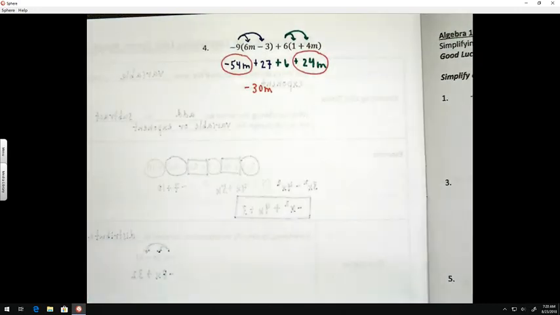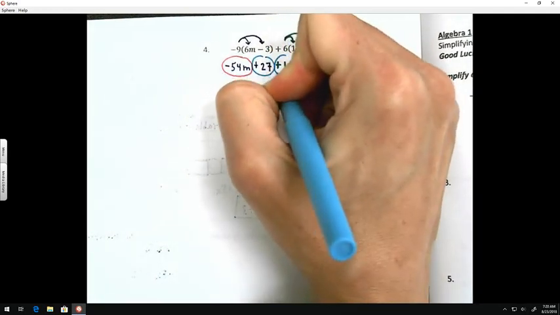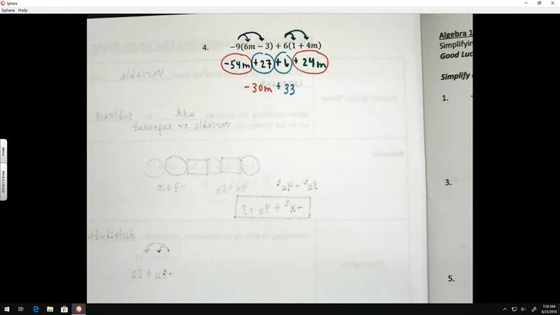The next thing, I'm going to look for any other like terms. I have a positive 27 and a positive 6, which is going to give me a positive 33. Now I have no parentheses and no like terms, so my expression is fully simplified.